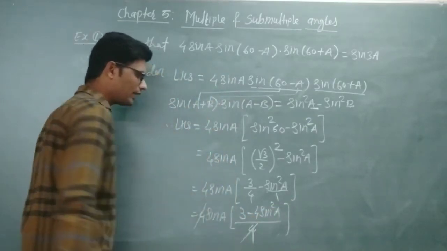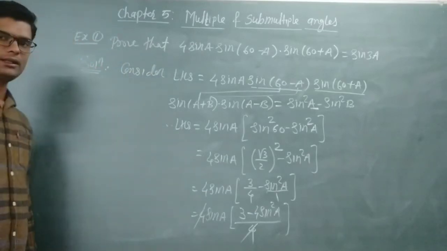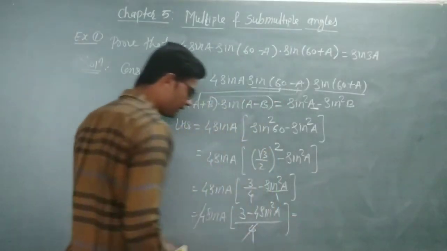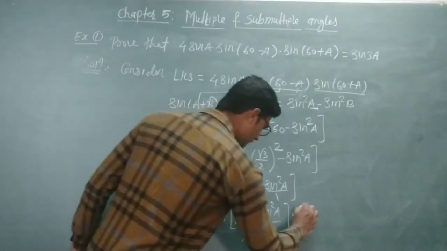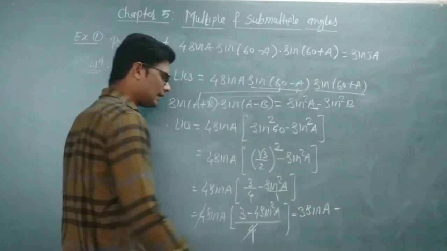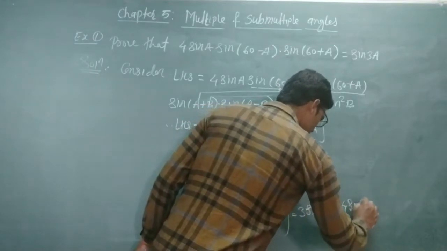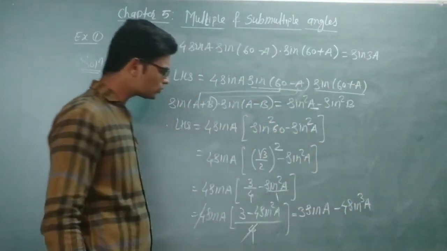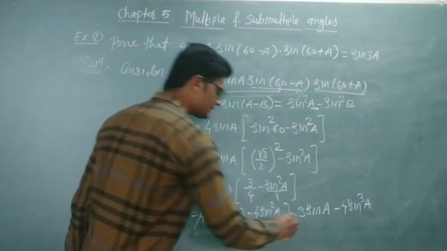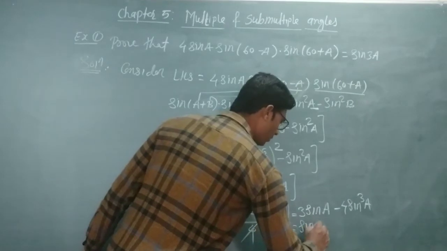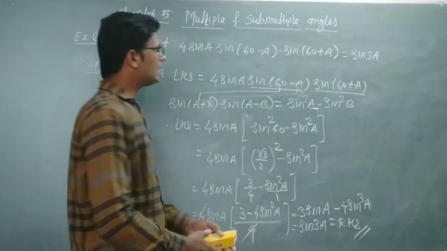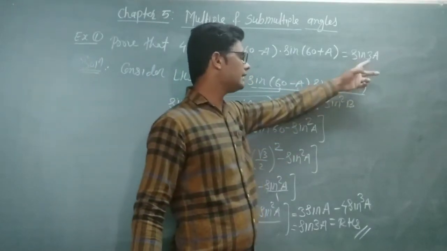So this 4 and 4 get cancelled. And what you will get here? Sin A into 3, this is 3 sin A. Sin A into sin square A, which is sin cube A. So 4 sin cube A. So what I got? 3 sin A minus 4 sin cube A. And what is this? This is nothing but the formula of sin 3A. And therefore we prove that in the RHS you will get sin 3A.